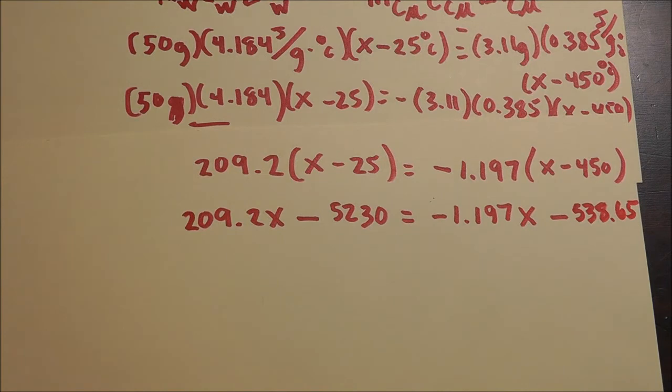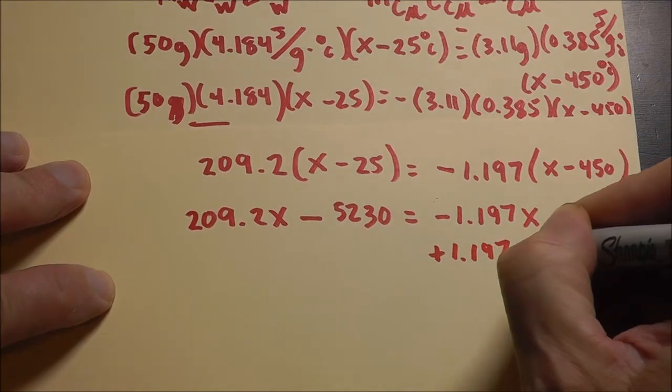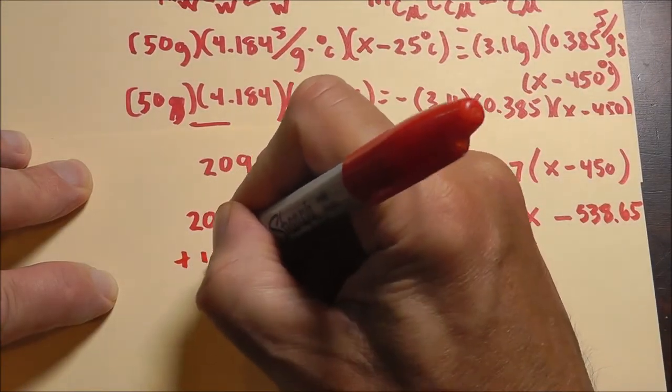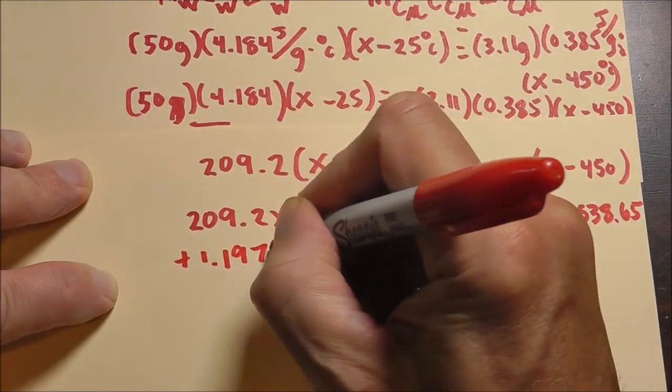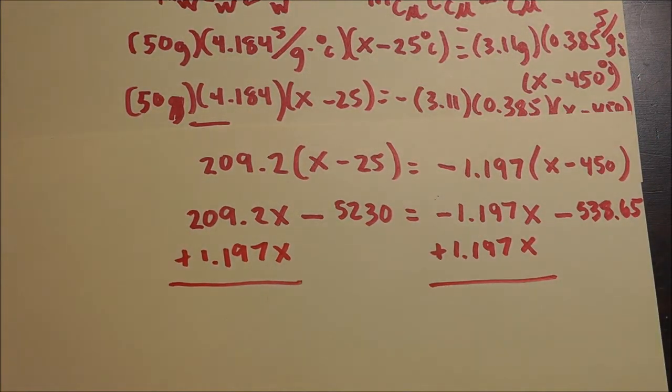Okay, why don't we get all my x's on one side by adding to both sides 1.197x, and that would be wonderful. And don't daydream, because that's when you goof stuff up.